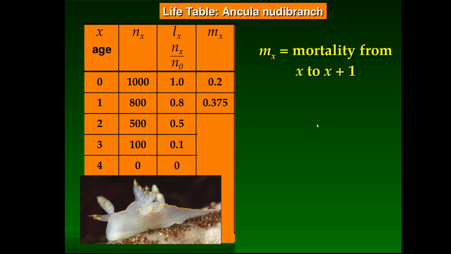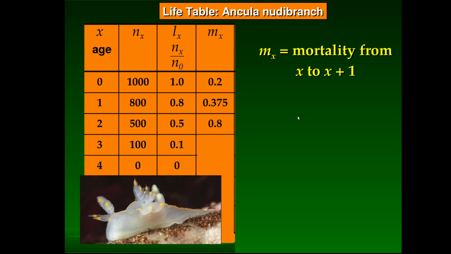At age 1, only 500 individuals survive out of the starting 800, so the mortality rate is 300 out of 800, so that's 0.375.